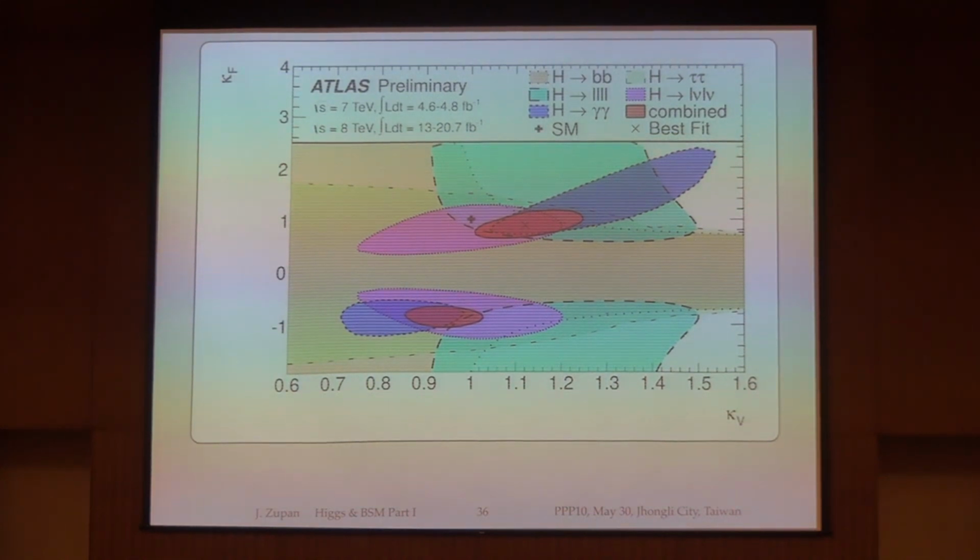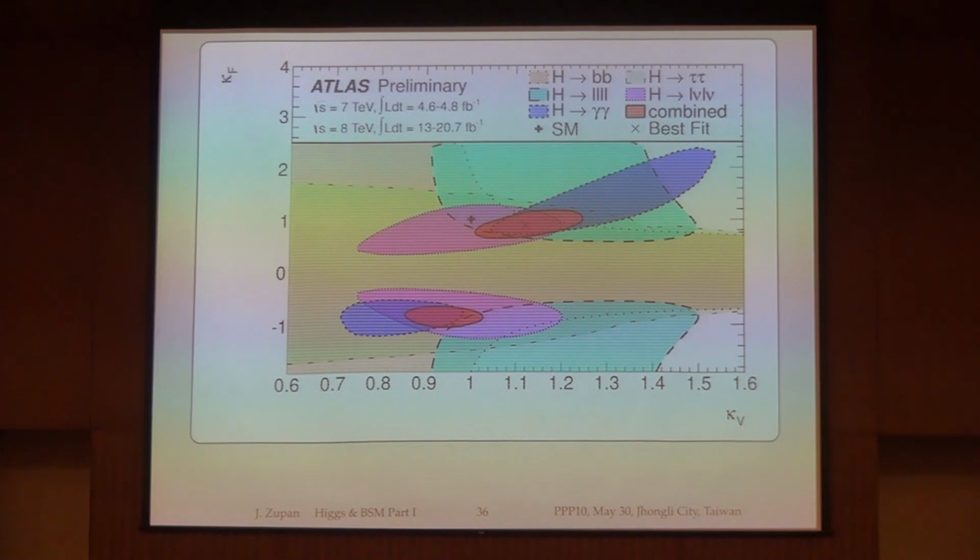If you look at ATLAS, that's the kappa F versus kappa V constraints, the combined fits. There are two regions, the red ones, and then many different regions carved out by different channels. The blue one is, for instance, from Higgs to gamma gamma. Then for Higgs to b bbar, there's a big blob, and so on. You see that all of them somehow align in the standard model region. Note that the standard model region is here.